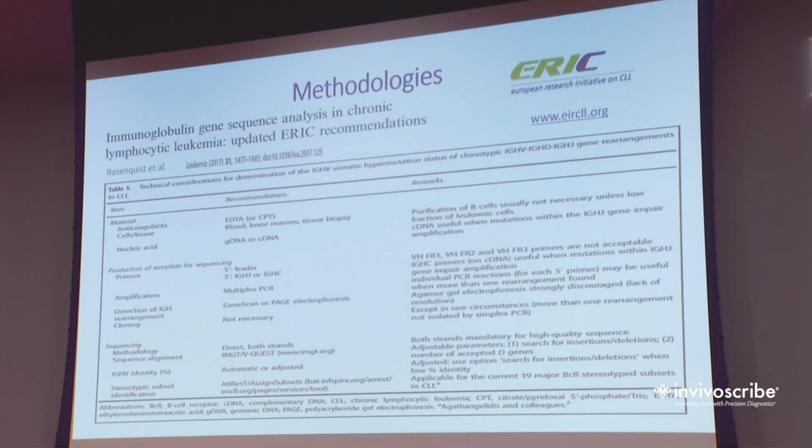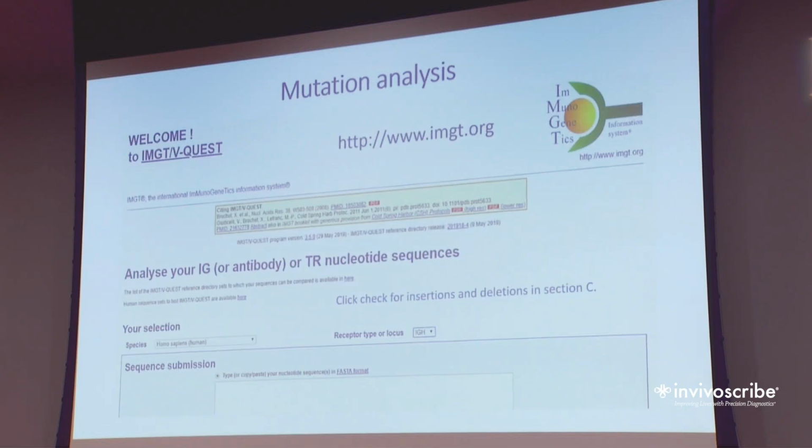So basically, just to go through some of the methodologies, you bring up your actual immunoglobulin, you PCR it up. You can sequence it in both directions, or you can do this by NGS. Now, that's the first part. It's all about interpretation of the data. Some of the NGS kits that are out there actually have software inbuilt.